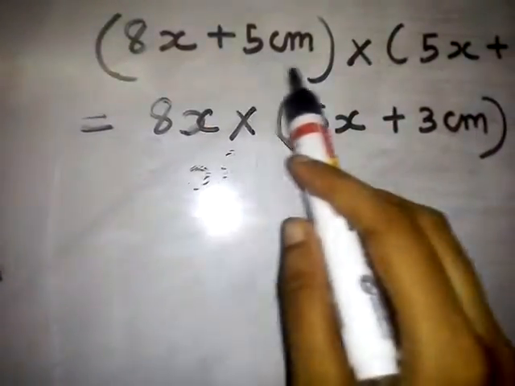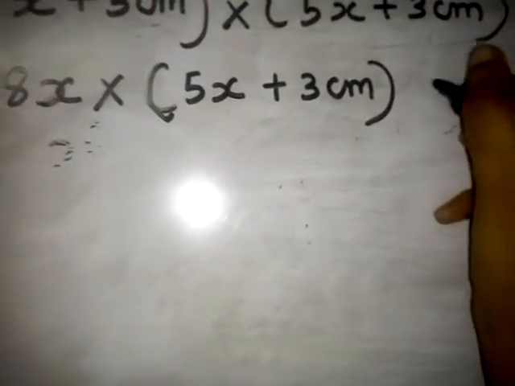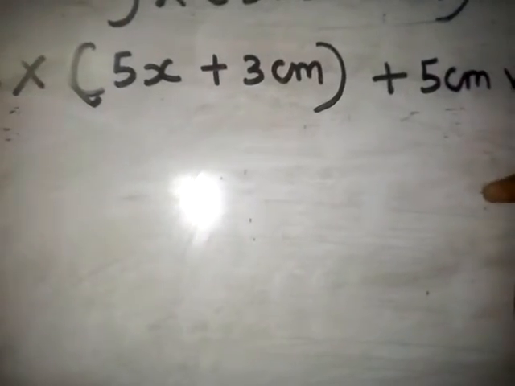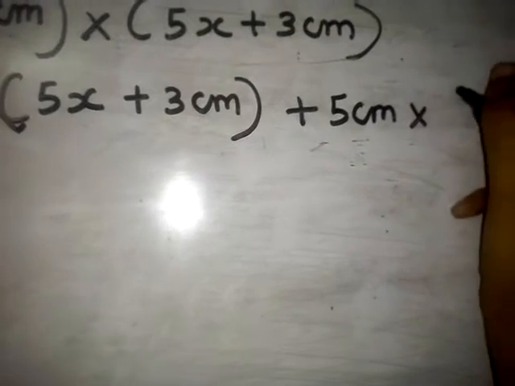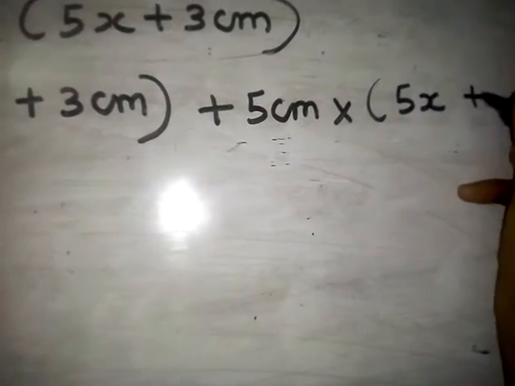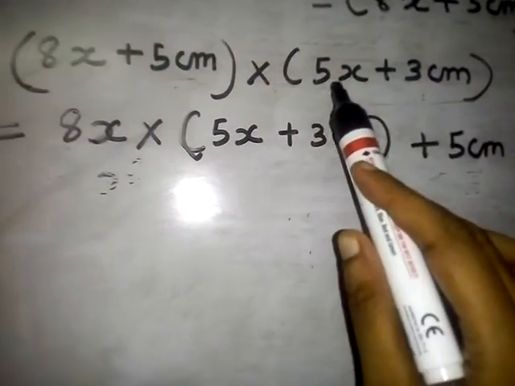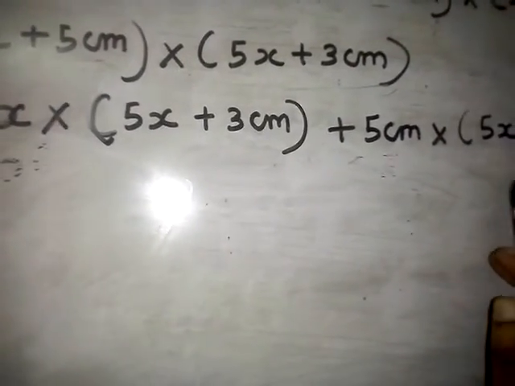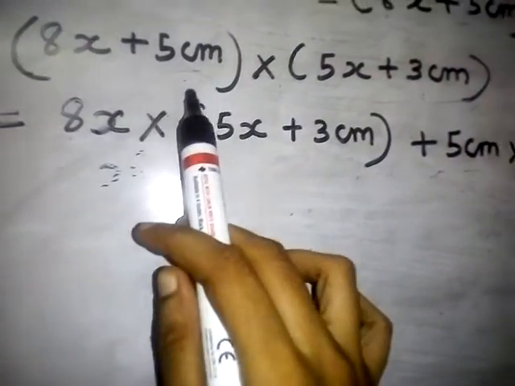Second term of first binomial expression is 5 centimeter, plus 5 centimeter multiplication form, you have to write second binomial expression in full. Remember this method, always the second binomial expression which is given will repeat two times, in multiplication form with both the terms of the first binomial expression.